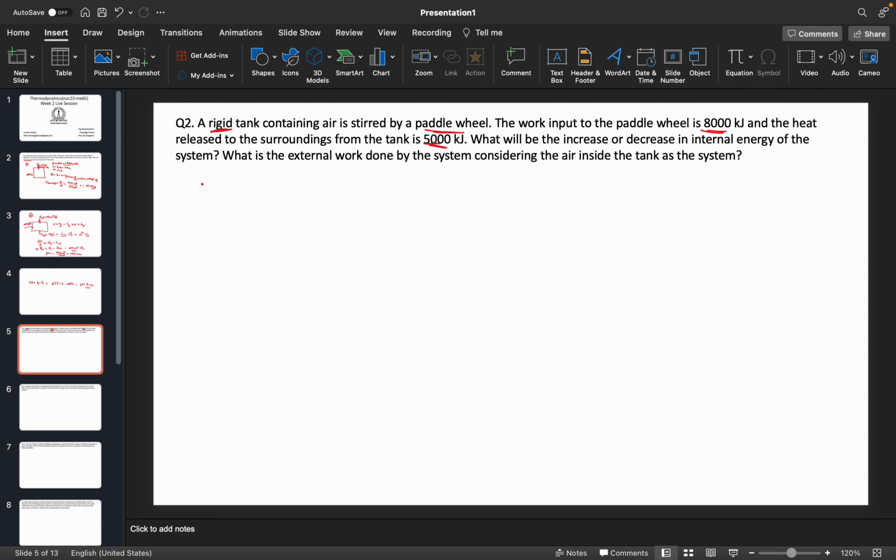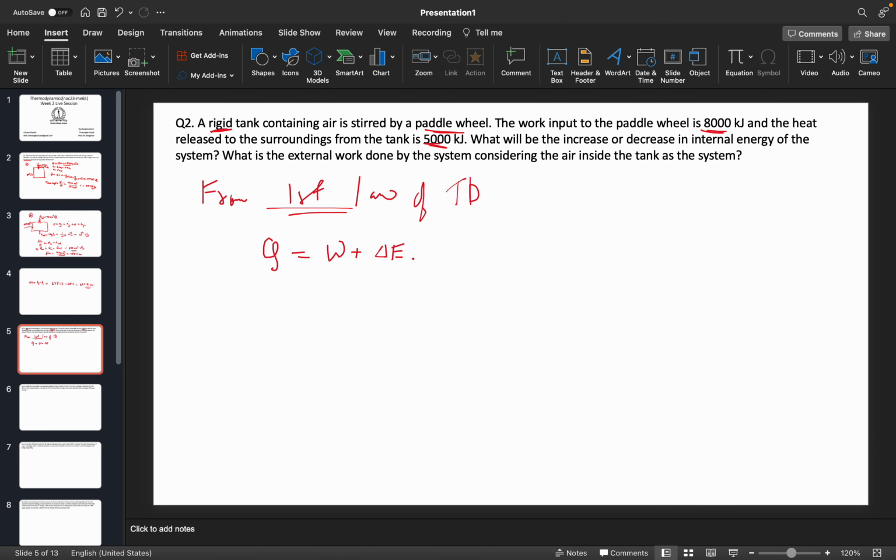So from the first law of thermodynamics, we know that Q is equal to W, which includes all the internal, external, every work, plus delta E. This is the first law of thermodynamics we know.